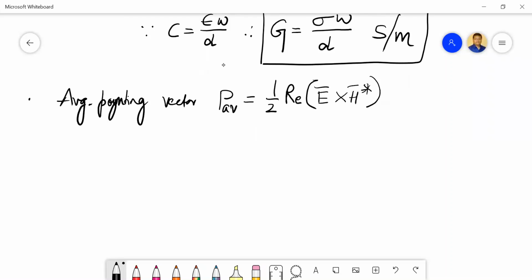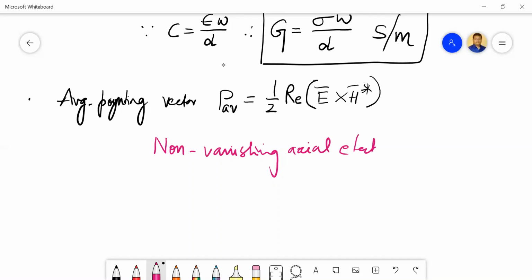Now here we have to take care of a non-vanishing axial electric field. What is that? Ez.